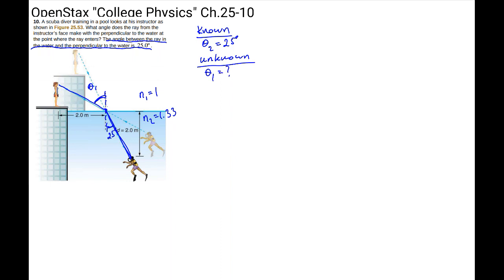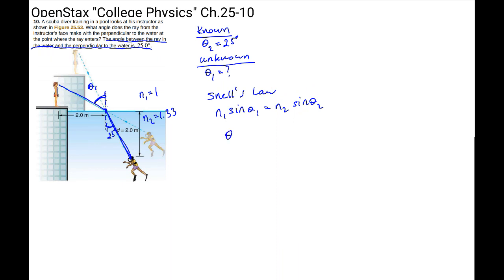So this is a classic Snell's law problem, which says that n1 sine theta 1 equals n2 sine theta 2. We know everything in this equation. We know the angle, we know the index of refraction for air and water. We're looking for theta 1.